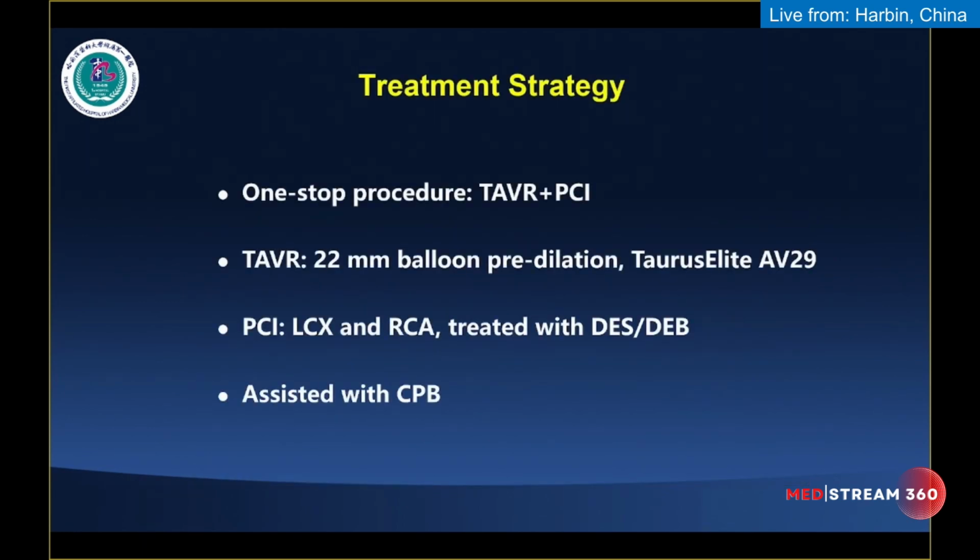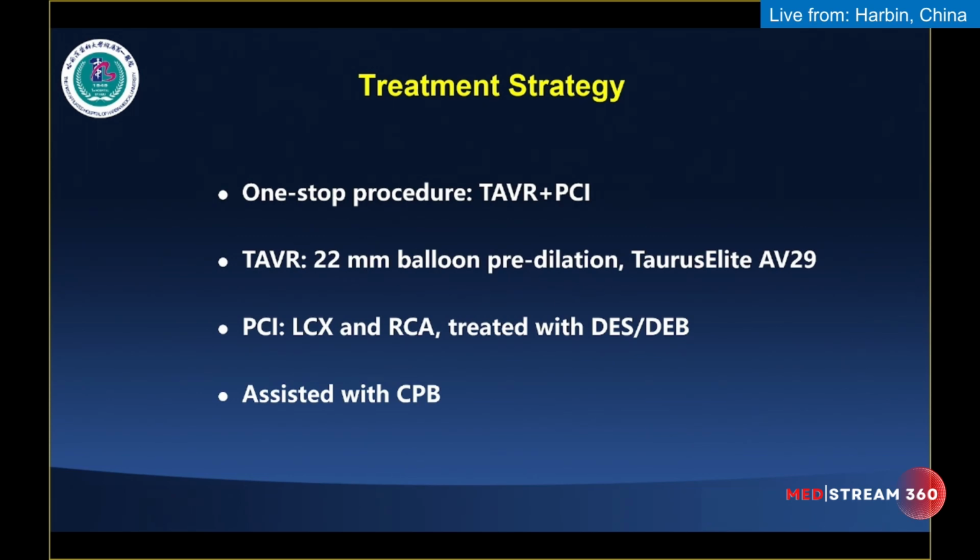Now we will do a conclusion and our treatment strategy: a one-stop procedure of TAVR and PCI. Our TAVR strategy is to use the 22 millimeter Peijia Medical balloon for pre-dilation, and we use the Taurus Elite AV29.